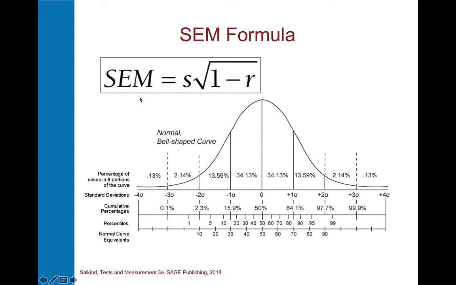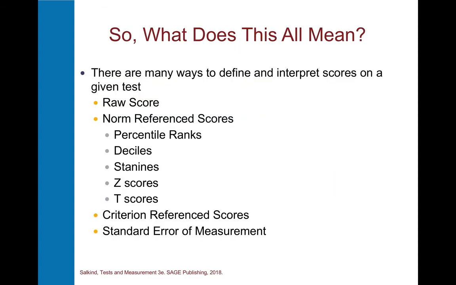Our goal is always to reduce the size of the standard error of measurement to make the test a more accurate measure of what we intend to assess. So that's why it's really important for you to use a reliable test, so we can narrow that window and have more confidence of what our true score is.